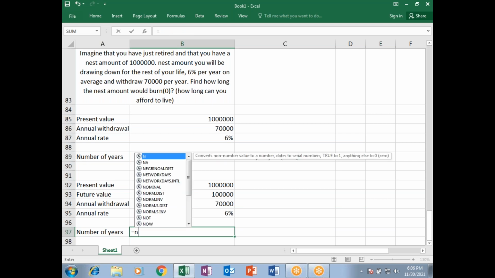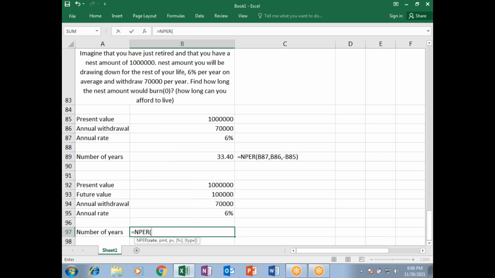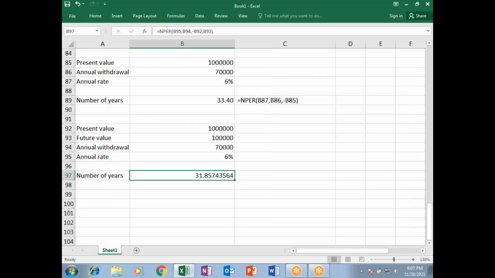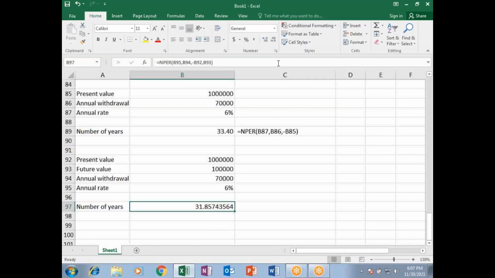Equals NPER, rate. My payment amount will be the withdraw amount. Then I have the present value, for which I'll give a minus symbol, comma, then I'll have the future value, which I'm giving to the charity. So I'll get 31 years, which I can last. If I cancel the decimal, it will take it as 32.